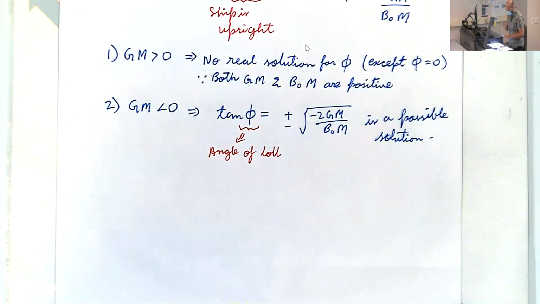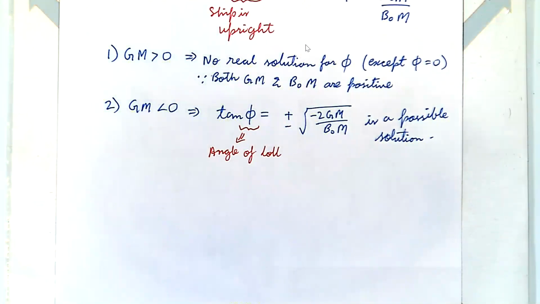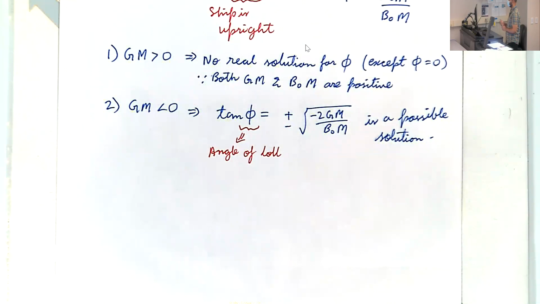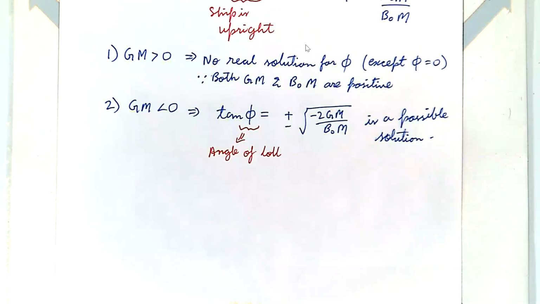Okay, so how does this show up on our graph? Could you call that astable stability? I think there's stable, unstable, and then astable is neutral, basically.